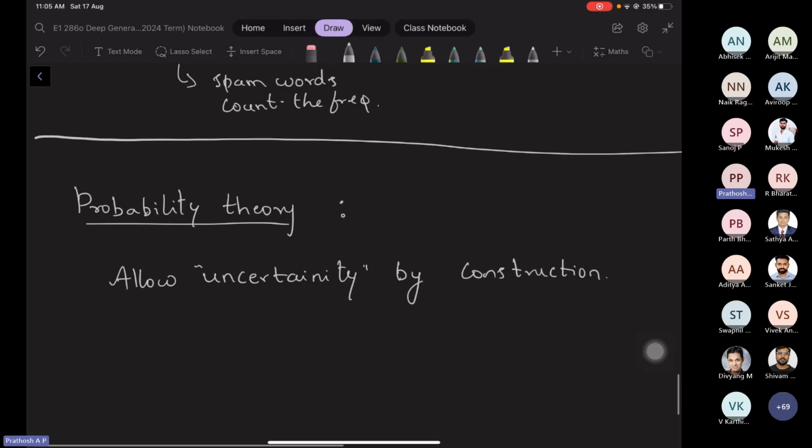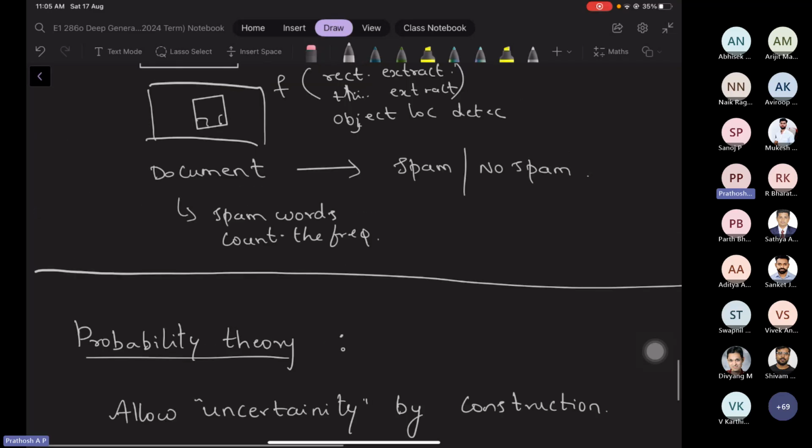What do I mean by this? This is actually a striking difference between the deterministic way of looking at things and the probabilistic way of looking at things. In probability theory, the models and the ideas are built by inherently allowing uncertainty in all your functions.